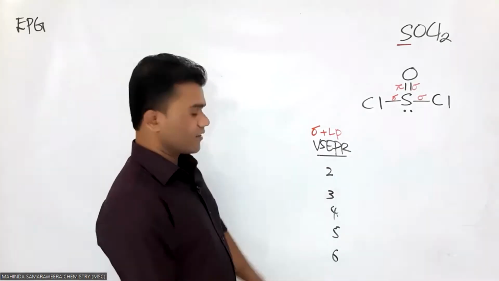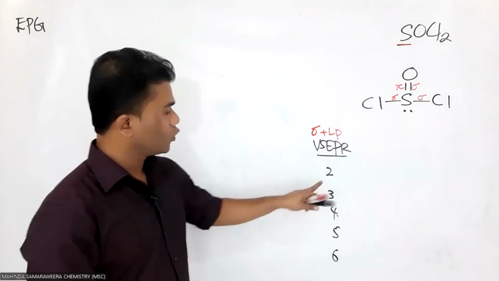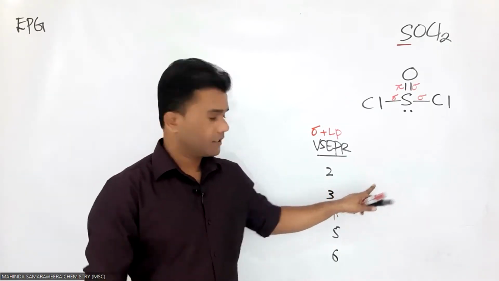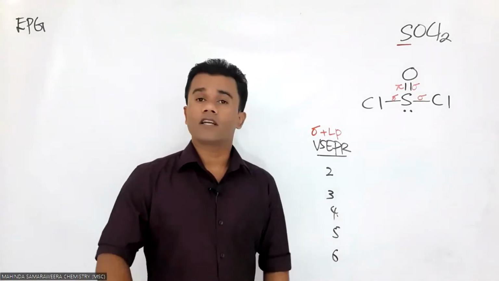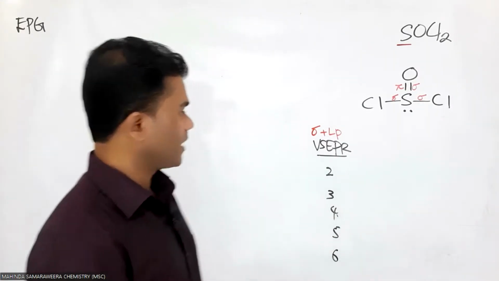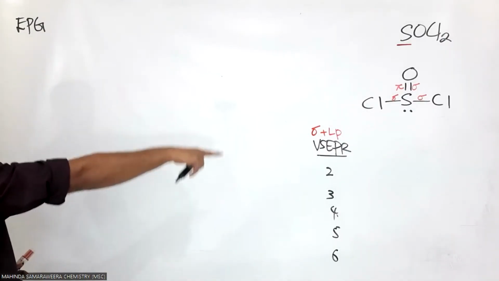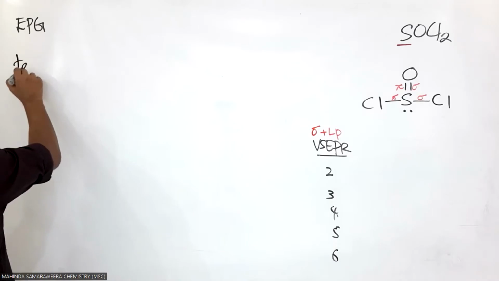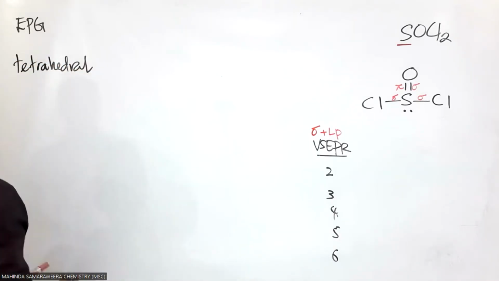According to 4 VSEPR pairs, we can predict the geometry. If it is 2, linear; 3, trigonal planar; 4, tetrahedral; 5, trigonal bipyramidal; 6, octahedral. Those are the electron pair geometries we can have. So in this case, since there are 4, the electron pair geometry should be tetrahedral. That's the first one.